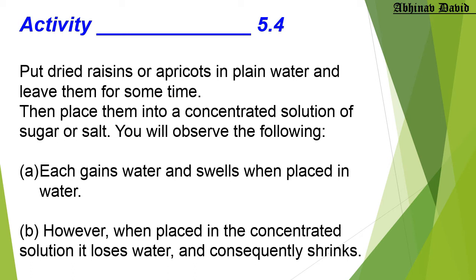The water has more concentration, but the raisins do not have as much water, so the water enters the raisin. As a result, they swell up. And if we put the same raisins in the concentrated solution or hypertonic solution, what will happen? They will shrink, they will lose water. Why? Because now the raisins have more water and the hypertonic solution has less water, so water will move out from the raisins into the solution.